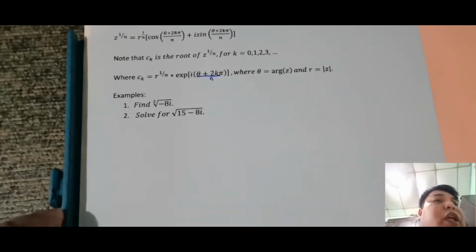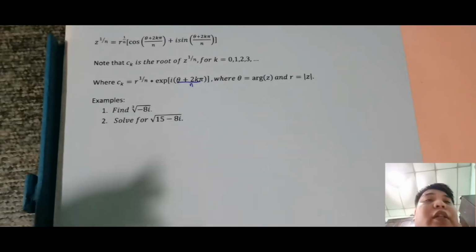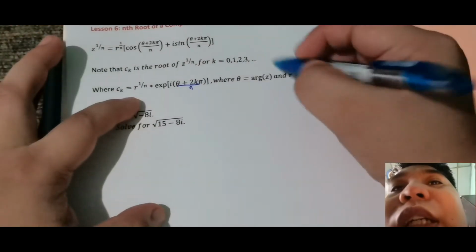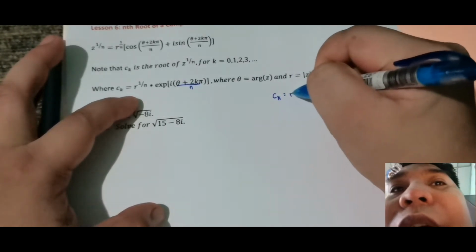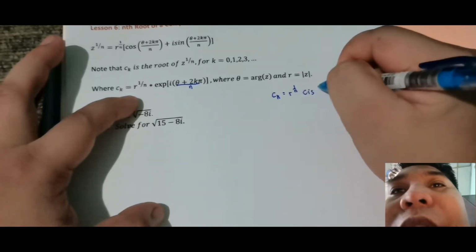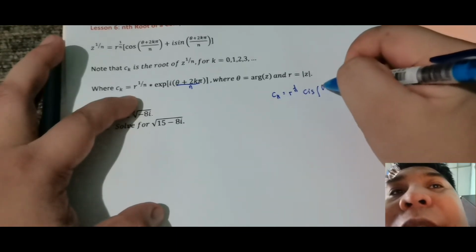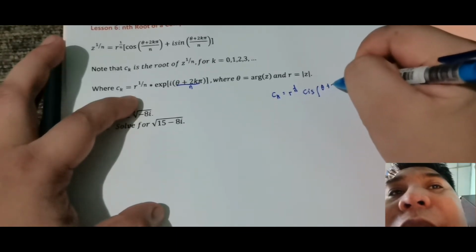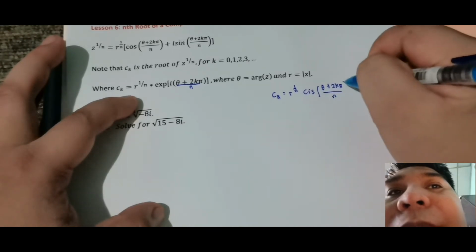Okay, where theta is equal to argument of c, plus then yung r is the modulus of c natin. Okay, so another, kung ayaw mo ng ganyang form, pwedeng ganito. c sub k is equal to r raised to 1 over n, tapos cis ng theta plus 2k pi over n.